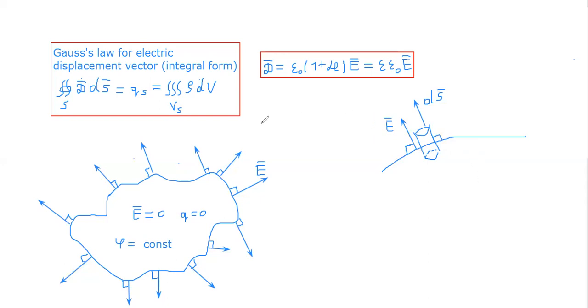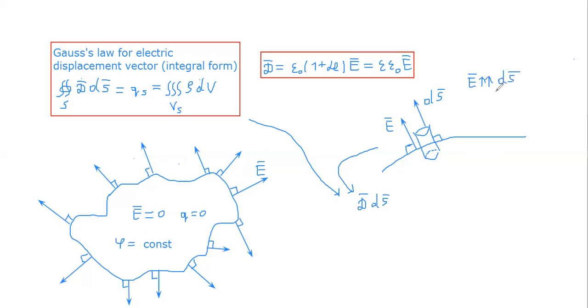It means that according to Gauss law, we will have D multiplied by ds, without integral, because ds is infinitely small. And here we can see that E has the same direction as ds.